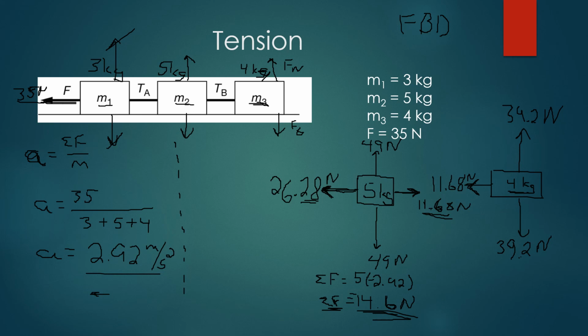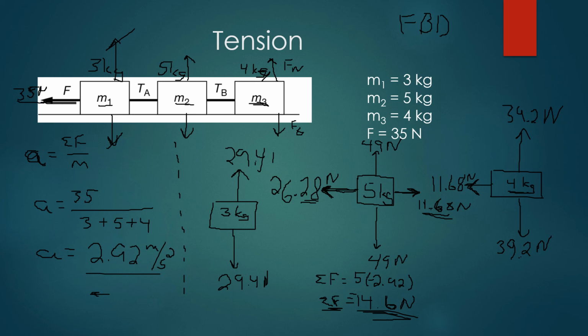Cool. So now we have the last box, the 3 kilogram box. All right, 3 kilograms. I hope we understand where that came from. Gravity and normal cancel out.